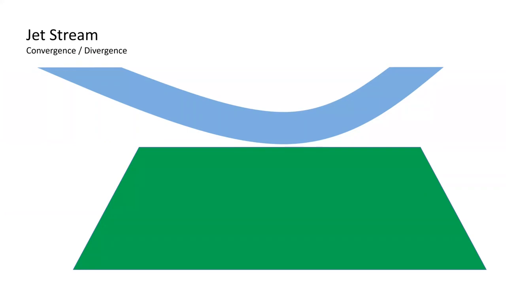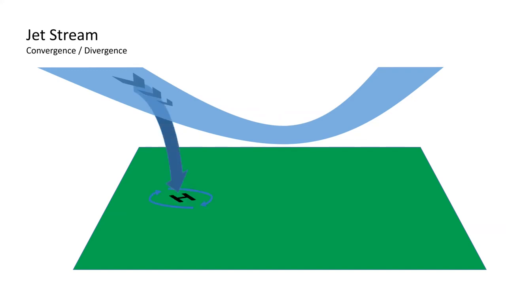And the reason for that is that you've got the jet stream not only having a wavelength as it flows around, it also has convergence and divergence, so it gets fatter and thinner. And as it does, that affects the pressure systems below it.